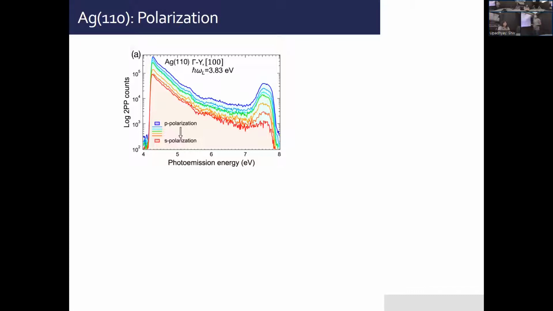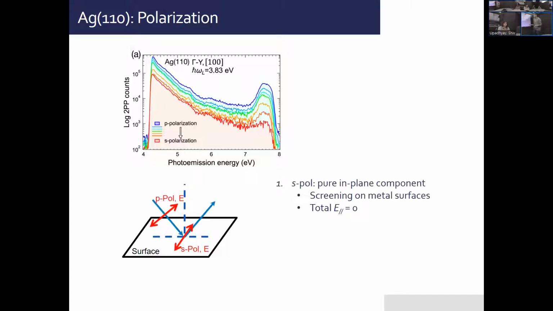This is the same as silver 111 or 100, and matches our expectation, because for metal surfaces, the s-polarized light is a pure in-plane component. And because of the screening on metal surfaces, the total electric field in the surface plane, so parallel to the plane, should add up to 0. So we should expect less photoemission signal in s-polarized light.